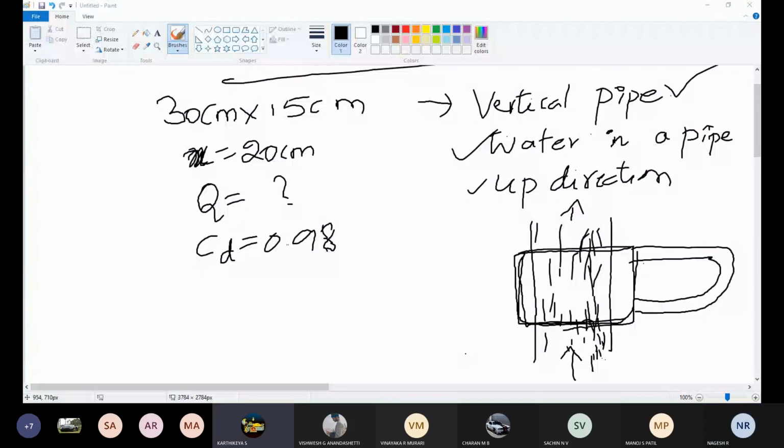Since mercury is in the manometer, it is the heavier liquid formula. Mercury is in the manometer, water is flowing in the pipe. Which is having more density? Mercury.